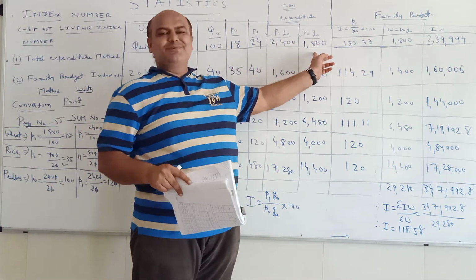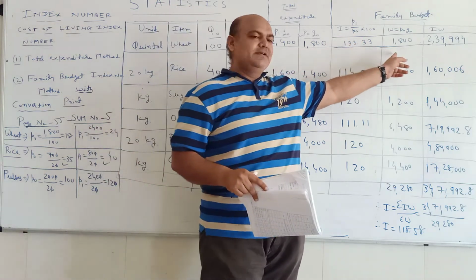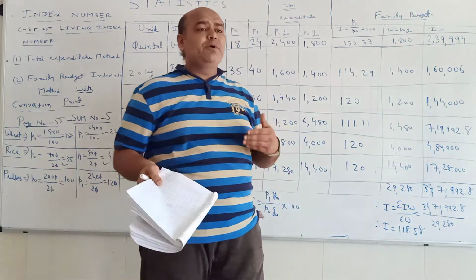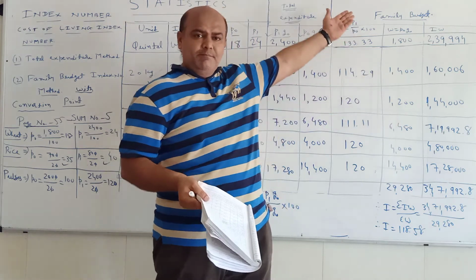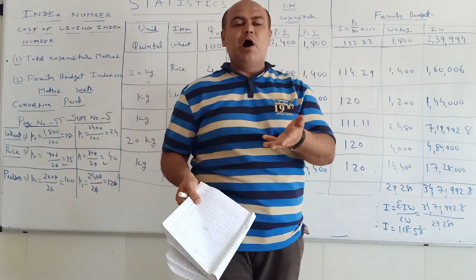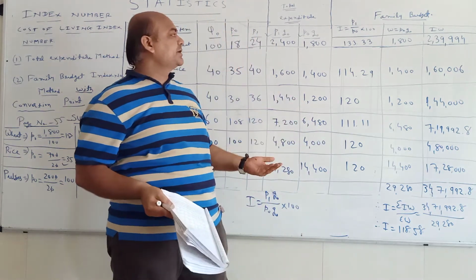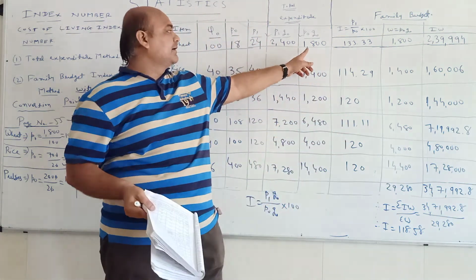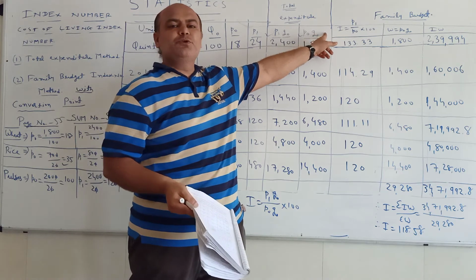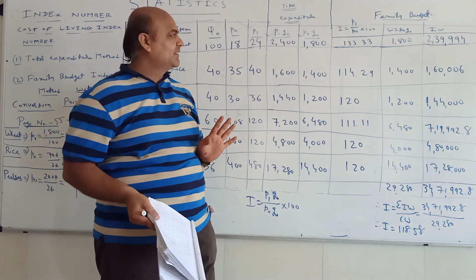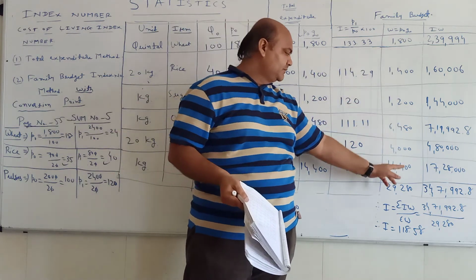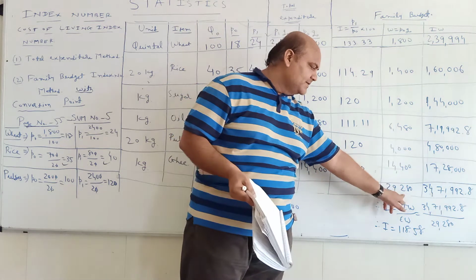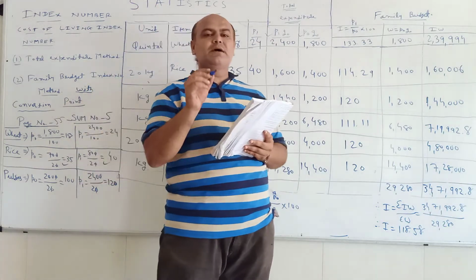Here this column is ready also, so we can directly write the digits from the column of P0Q0 into W. Sometimes if we can't prepare the additional column for W, here I prepare the additional column to explain how we can find W. But if you are in an examination and cannot prepare another column for W, then you can simply write W in place of P0Q0. So the same column P0Q0, P0 multiplied with Q0, the total comes 29,280.